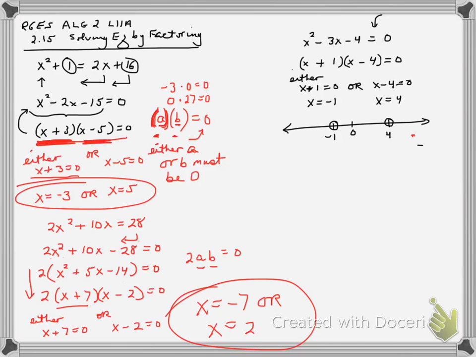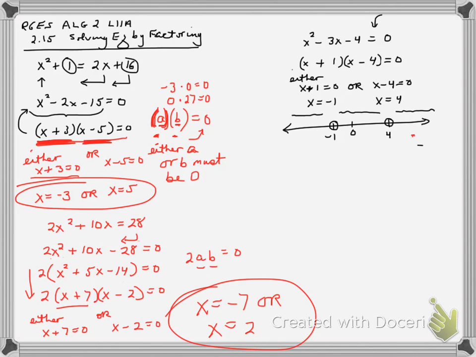They will make the equation equal to 0. So we have to decide what's going to be happening in between those two. What's going to be happening in the region between, and what's going to be happening in the region over here? We want to know, are those values going to be greater than, or less than?